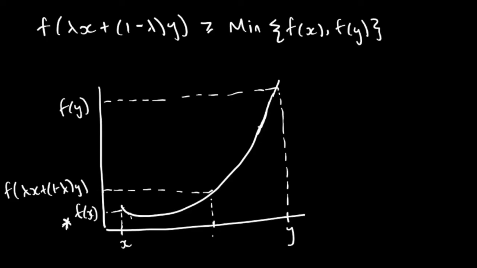requirement. However, what if we had a lambda that gave us a linear combination of x and y that ended up here. And this would correlate to, say, this point here, just below f of x. Or, in this case, f of x is the minimum of this. So let's just draw this line across here. This is f of x, this line.